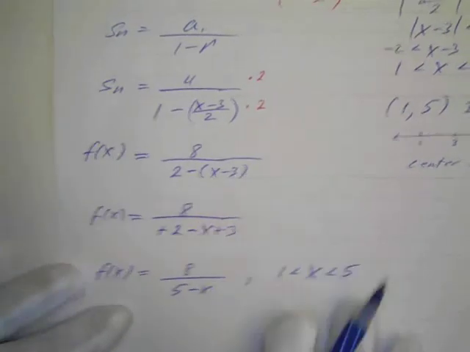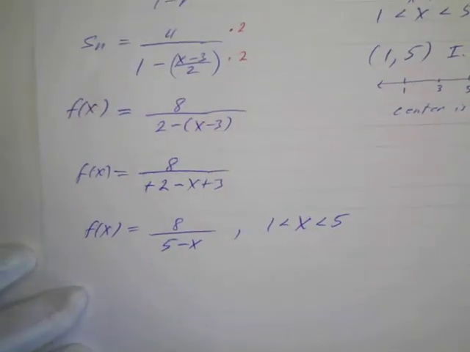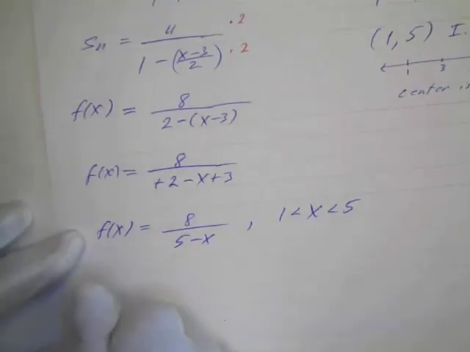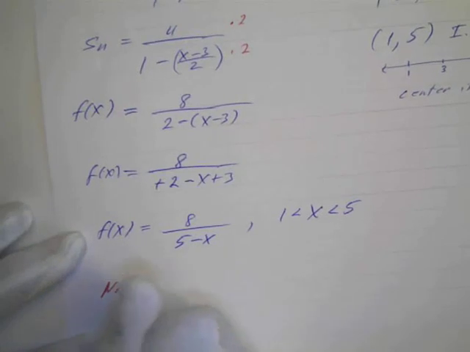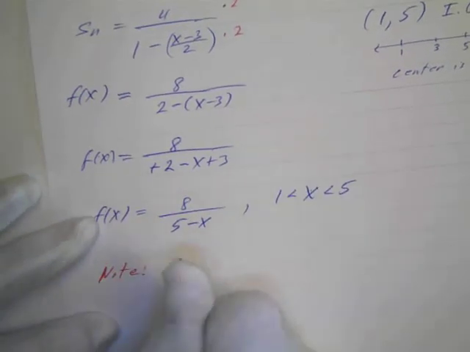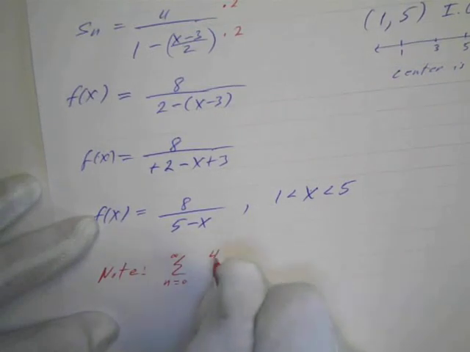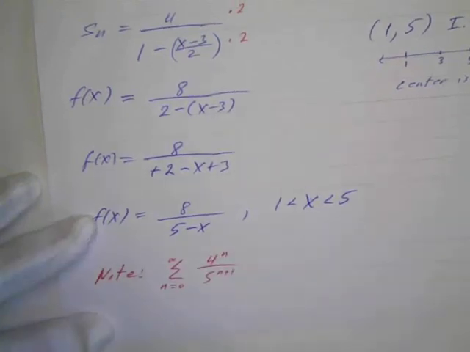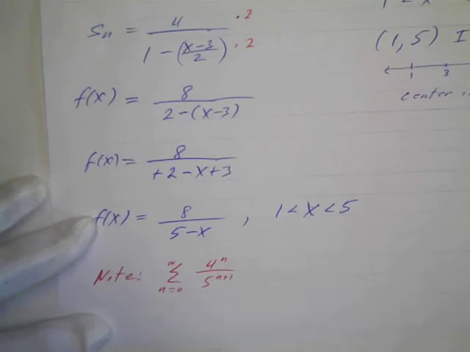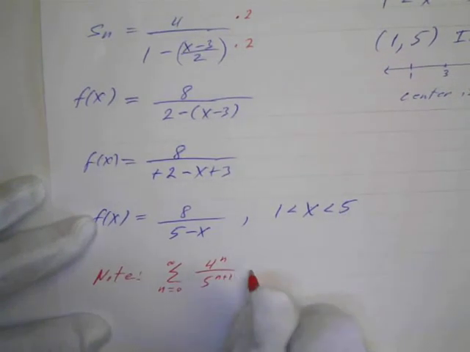Okay? And one little note on some of these things. You see a summation like 4 to the n, all over 5 to the n plus 1. Is that a geometric series? And what's the common ratio? Well, it might not be easy to see like this. So what you could do is rewrite this.